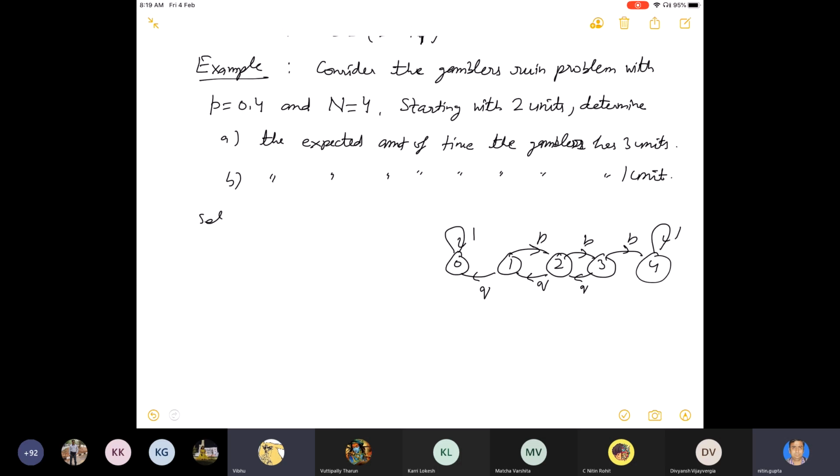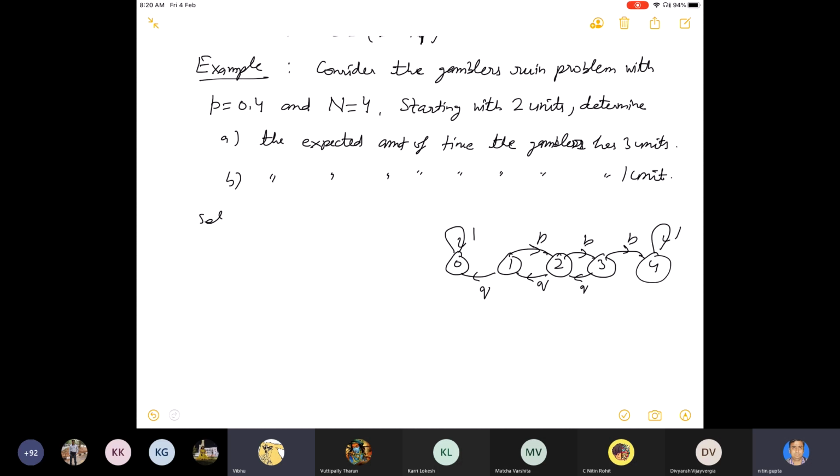So in each step the gambler is betting 1 rupee, gaining 1 rupee with probability P, losing 1 rupee with probability Q. And when he is in state 0 and 4, he will be stuck there because his aim is to achieve 4 rupees in this case because N is 4 here.